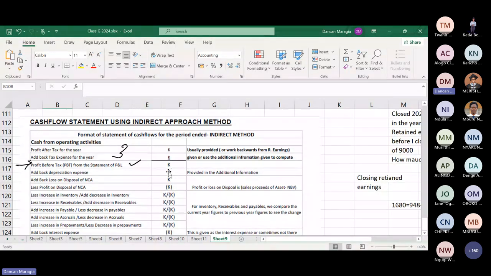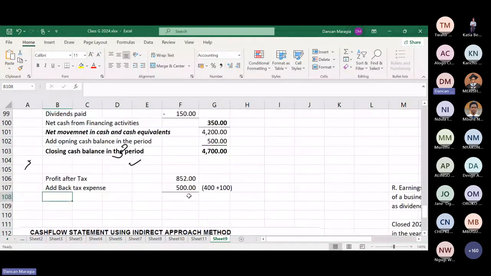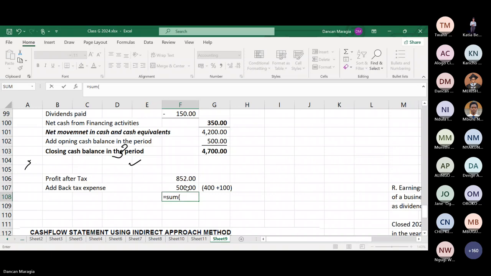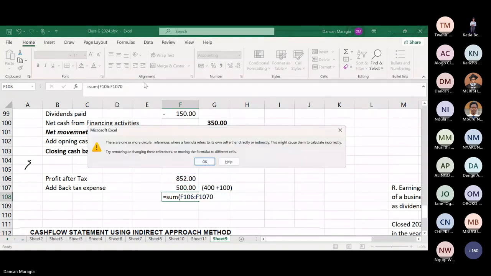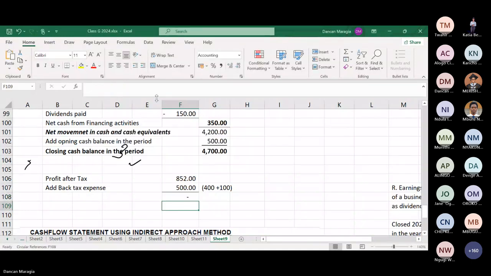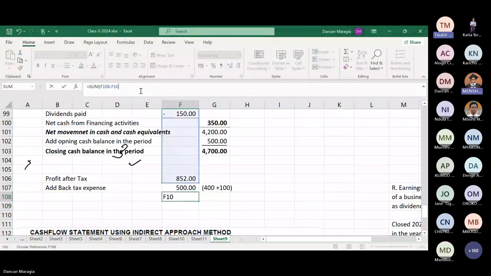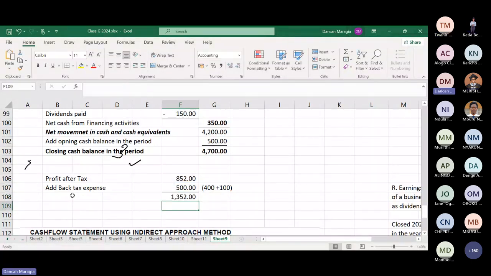Majorly, this is to help us get the profit before tax when we are not given. So profit before tax was how much? 1352.